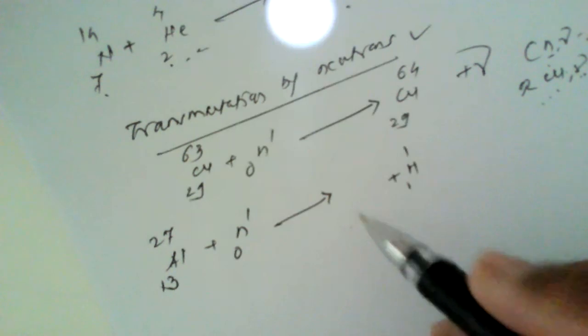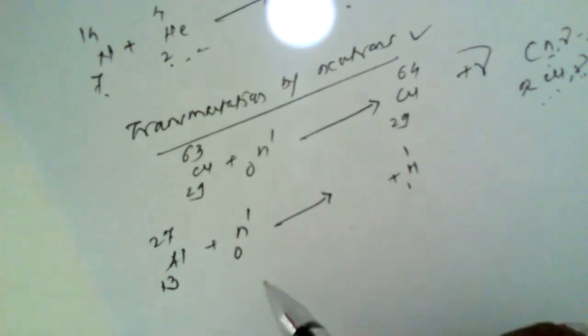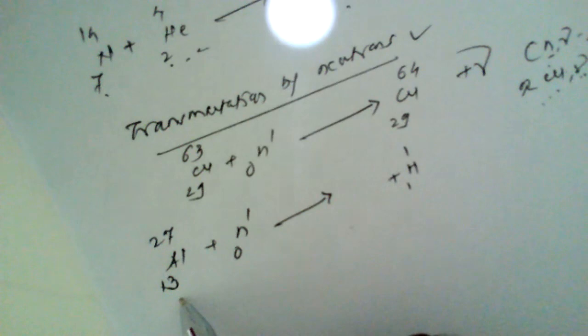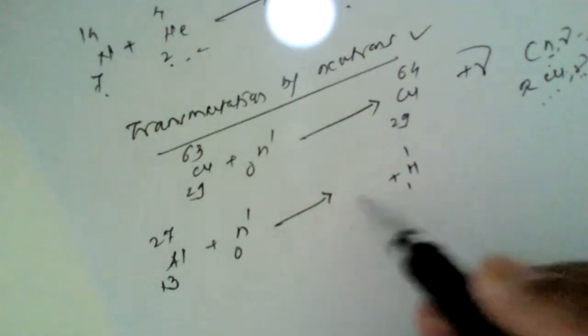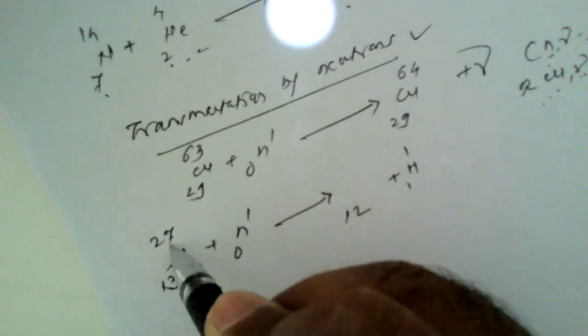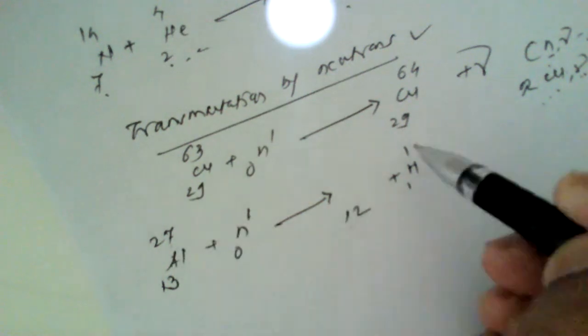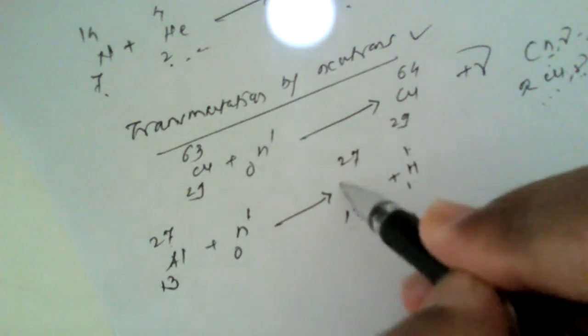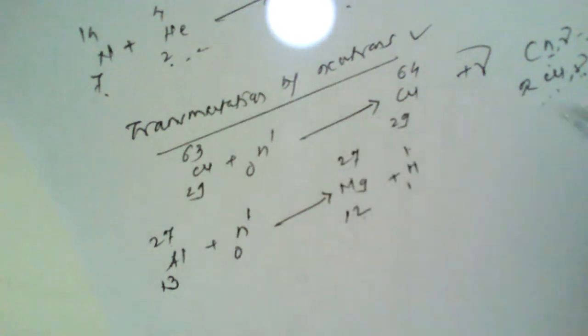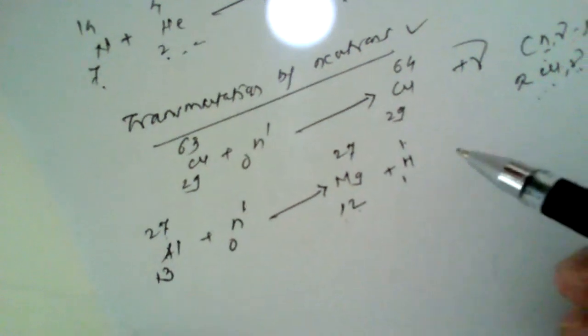To arrive at the product, 13 minus 1 is 12, 27 plus 1 is 28, minus 1 is 27. Atomic number 12 is magnesium, an alkaline earth metal, a second group A element.